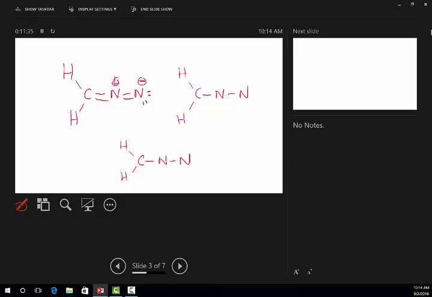Is there another one that I can draw? Like that? A lone pair on the C. Okay, if that was a negative, right? No, and then there's going to be another lone pair. There's a lone pair on the N. Any more lone pairs?